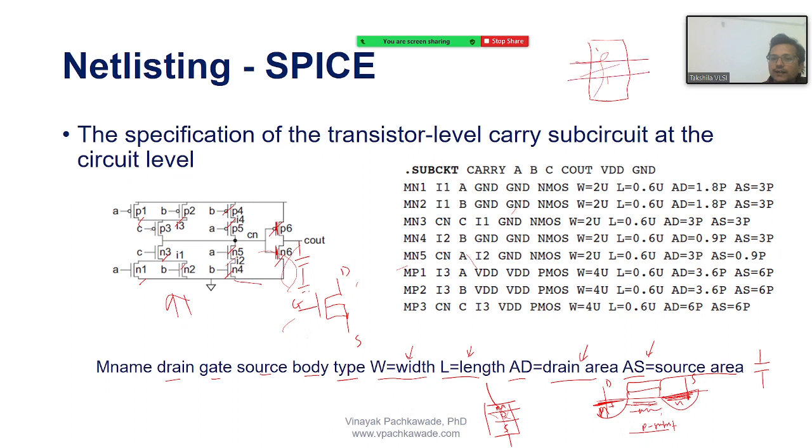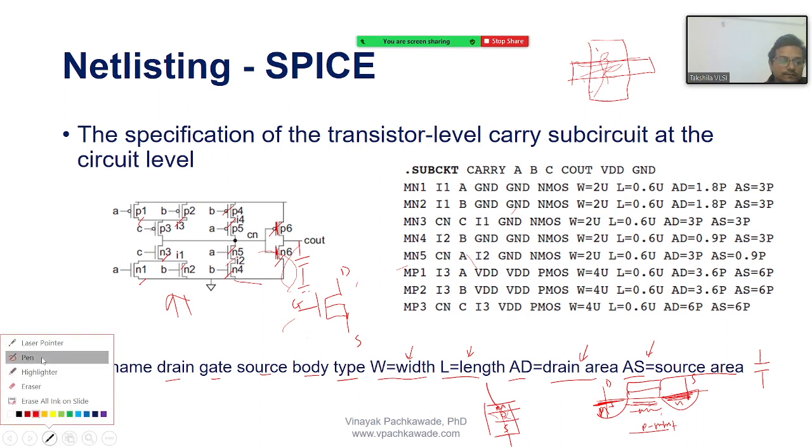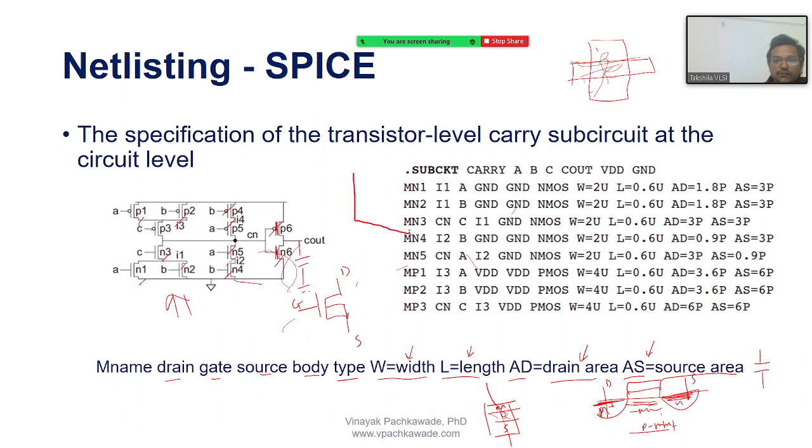You remember that we had these transistors, right? So if you see that there was a transistor, and we said that here was a drain area, here was a source area, and that was a polysilicon.